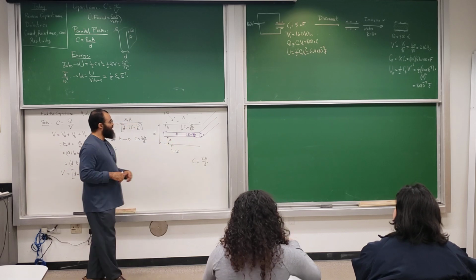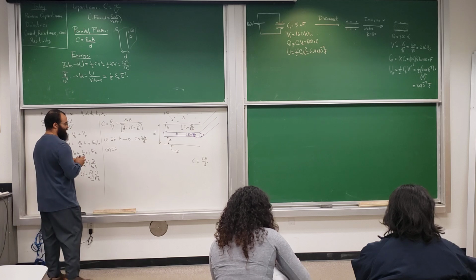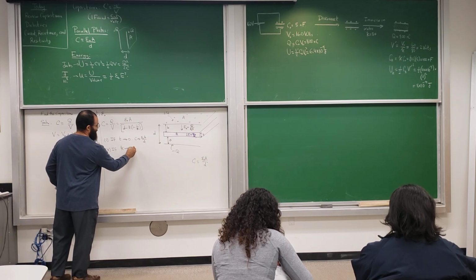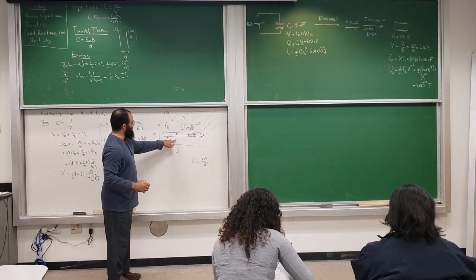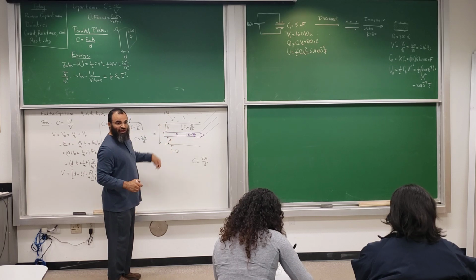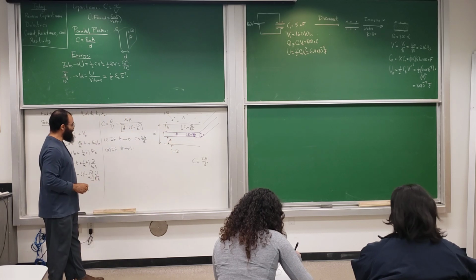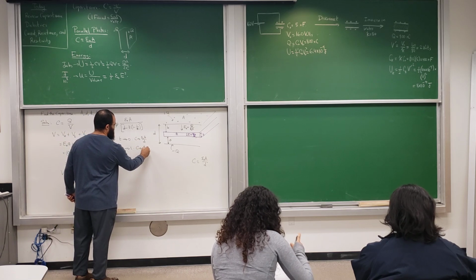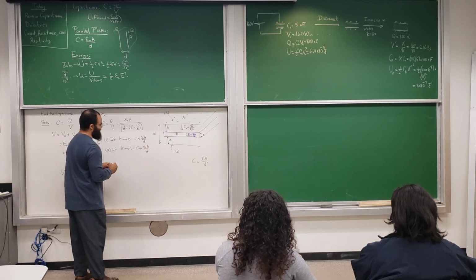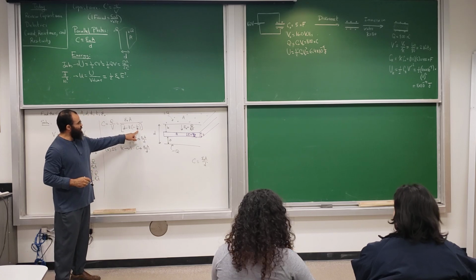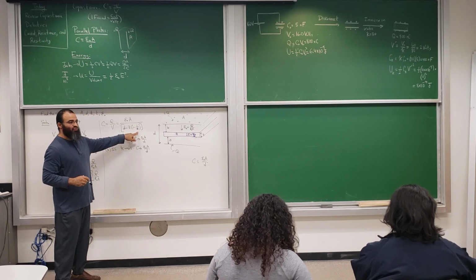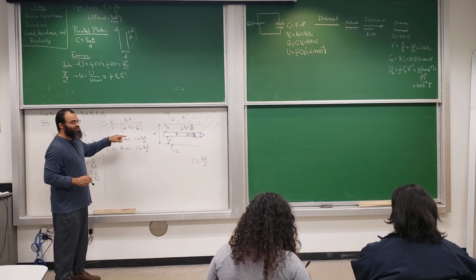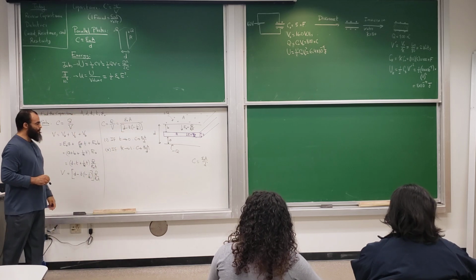If kappa becomes one, this becomes the same as this and this, so the dielectric has disappeared again. We should again get epsilon naught A over D. If kappa is 1, 1 over 1 is 1, 1 minus 1 is 0, and 0 times T gives 0, so you just get epsilon naught A over D.